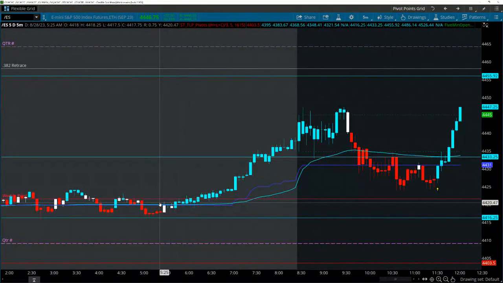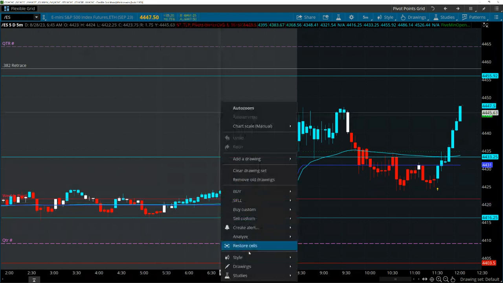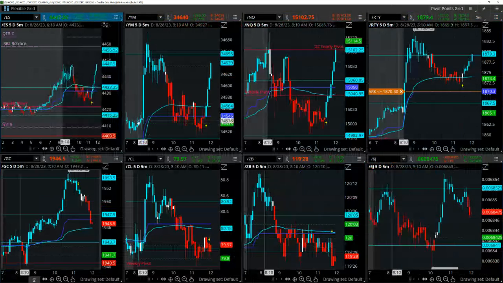So I can anticipate if below pivot, headed to S1; if above pivot, headed to R1, and so on and so forth. Really straightforward. Not a lot to it. I keep it really simple.